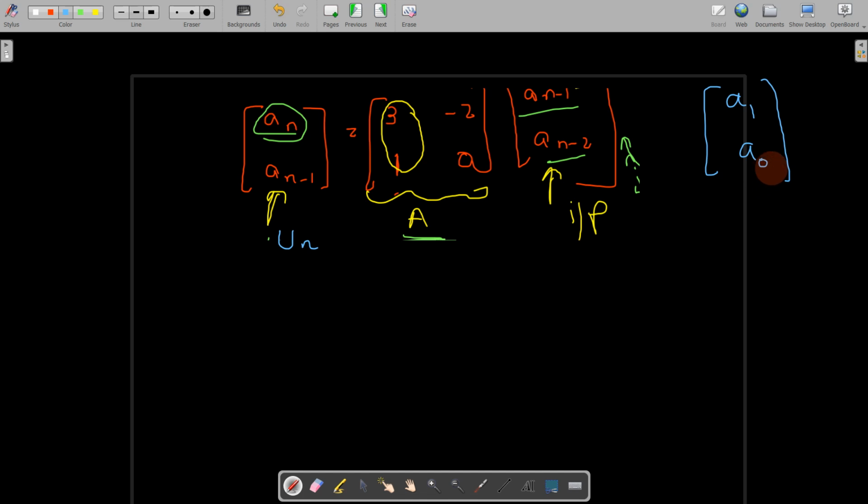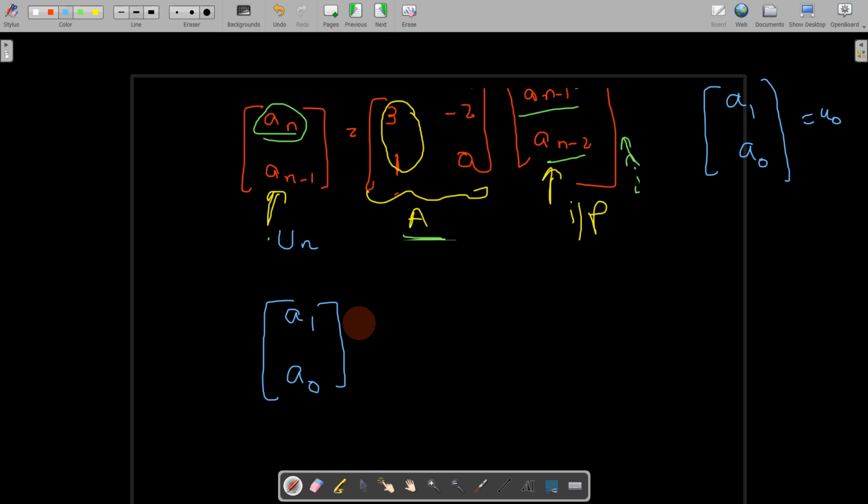I know that U0 is this. Using U0, how can we write U1? U1 will be nothing but A1, A0, that is the first term of the sequence.